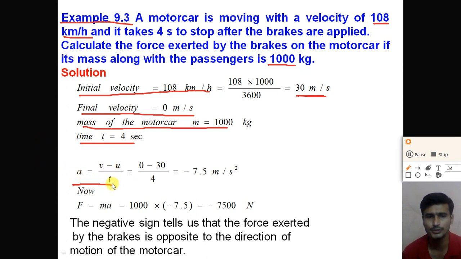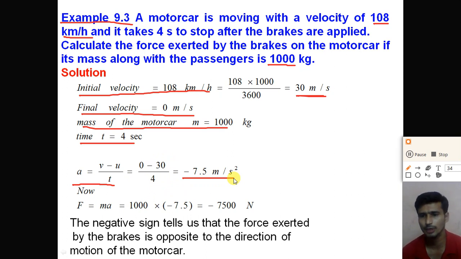So acceleration of the motor car a is equal to v minus u divided by t. v is the final velocity, which is 0, minus u, the initial velocity, which is 30 meter per second, divided by time t, which is 4 seconds, right? If you calculate this, 30 divided by 4, we get minus 7.5 meter per second square. So here the acceleration is negative.